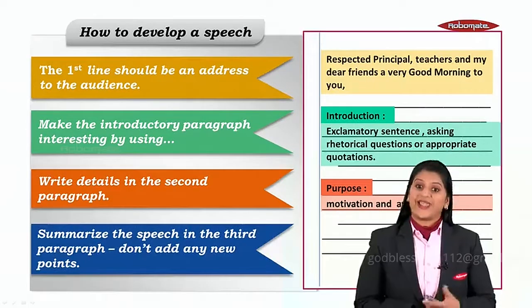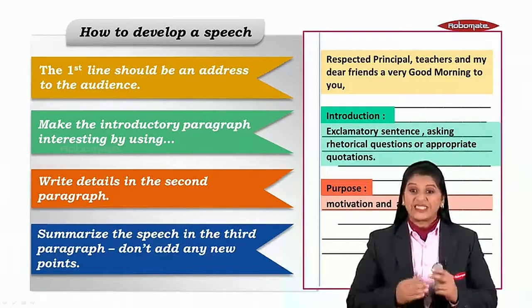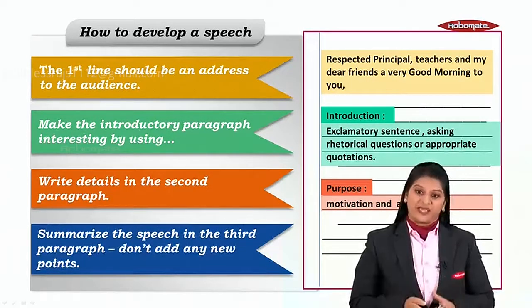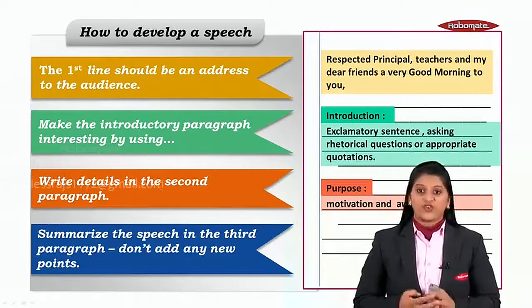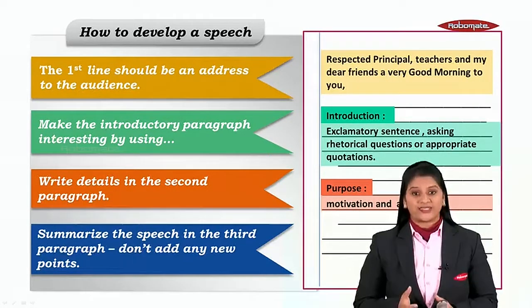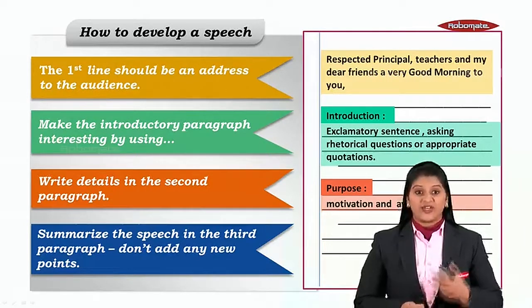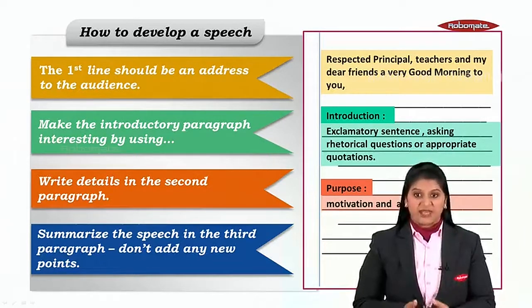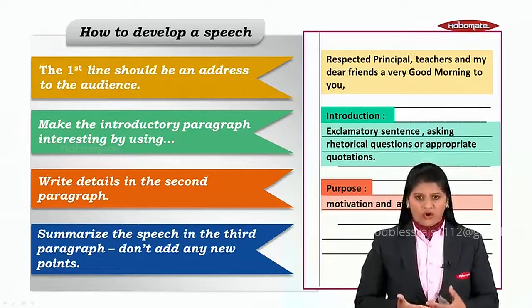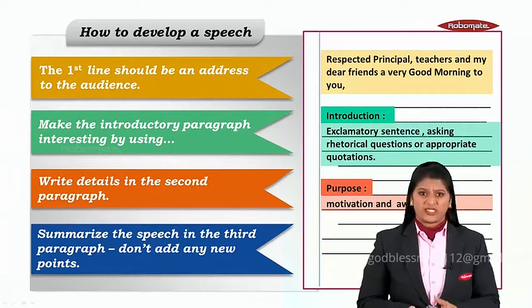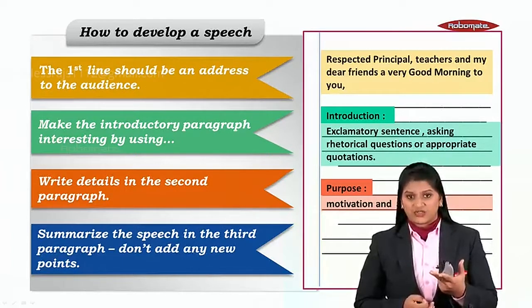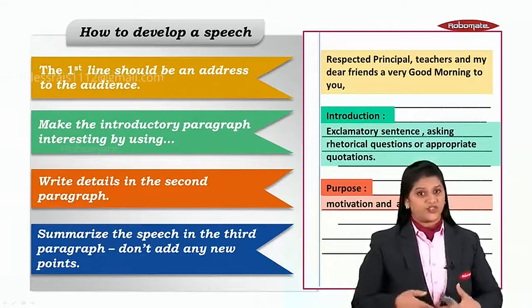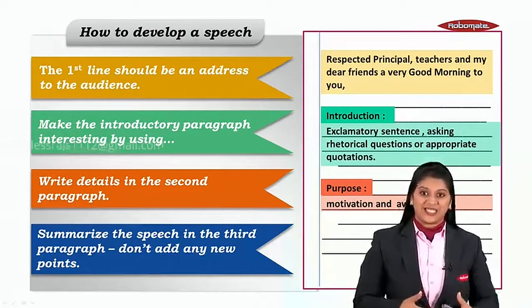Then coming to the end of your speech, summarize the speech in the third paragraph. Don't add any new points. Okay, so you're not supposed to add any new point, as in nothing new. Whatever has been discussed in the first and second paragraph, you can summarize it in the last part. Or the easiest way out is, if you have written a rhetorical question as an introduction, you can put a quotation or an exclamatory sentence at the end.